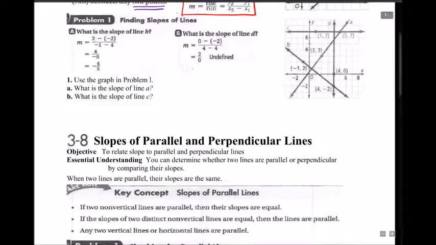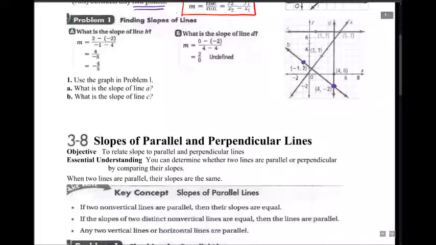We are asked, what is the slope of line B? So let's find line B, and there it is. And we are given 2 points on line B. Now, we can count this slope, and we always work left to right.